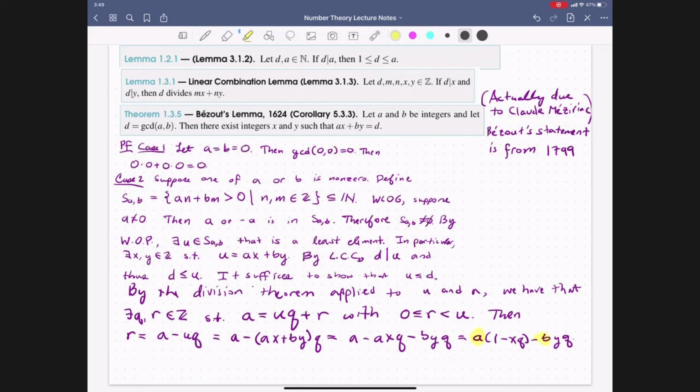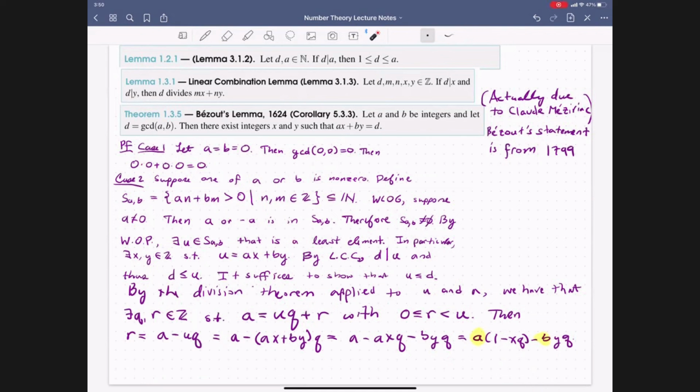Instead, remember, we have the well ordering principle. If we're using well ordering, we want to essentially get something along the lines of this set that we have. And instead of looking at the linear combination lemma, where D divides R, we instead want to see that what we actually have is 1 minus xq and yq here are elements that we can choose for n and m.